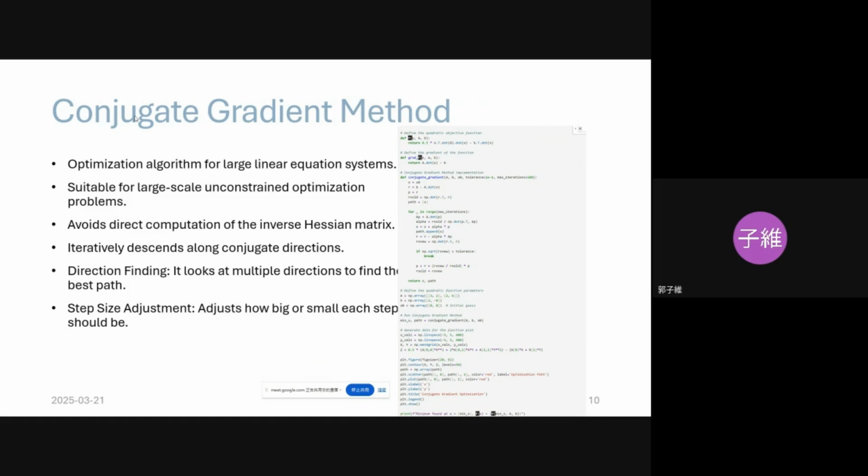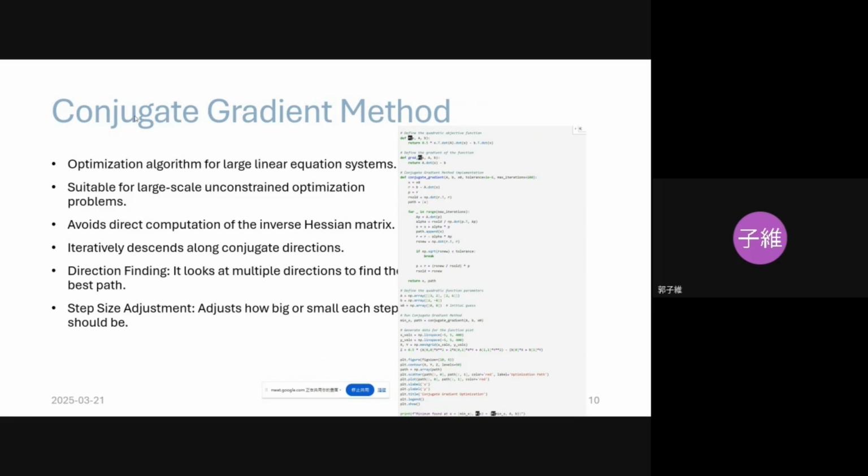And finally, it's the conjugate gradient method. This is an optimization algorithm for large linear equation systems. It's suitable for large-scale unconstrained optimization. It avoids direct computation of the inverse Hessian matrix, unlike BFGS.